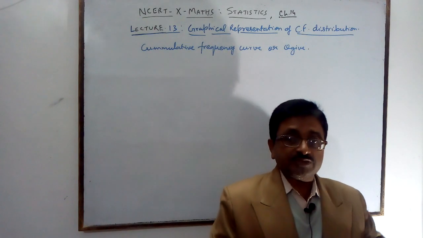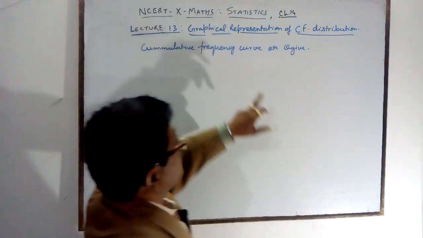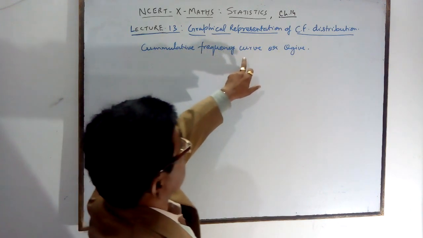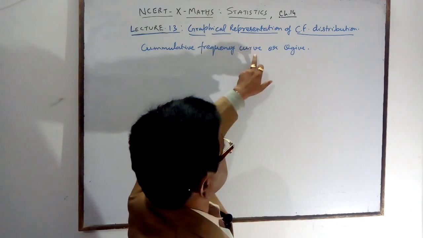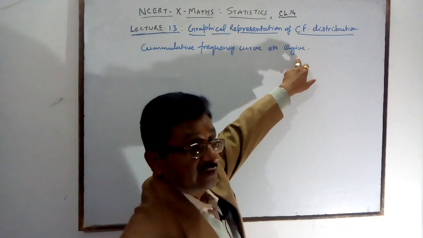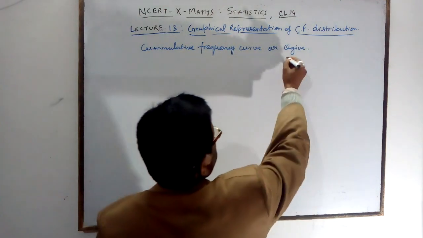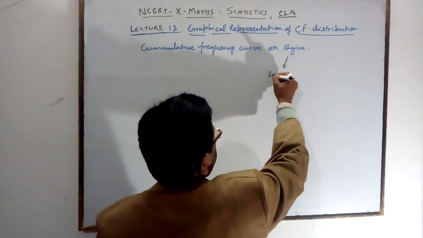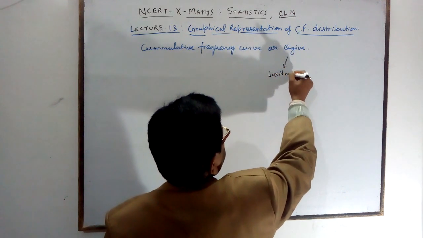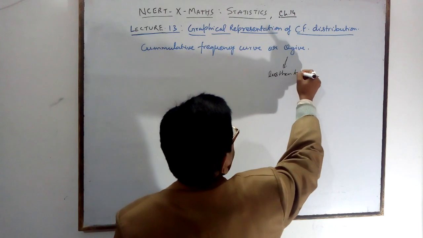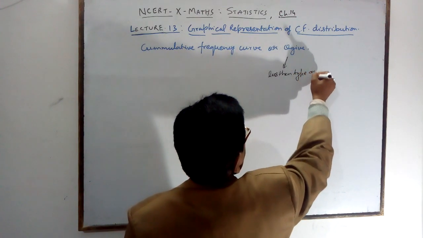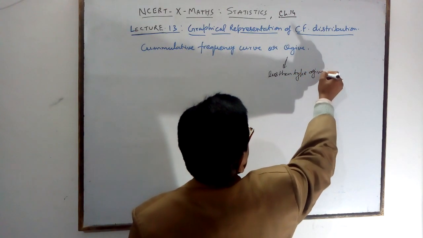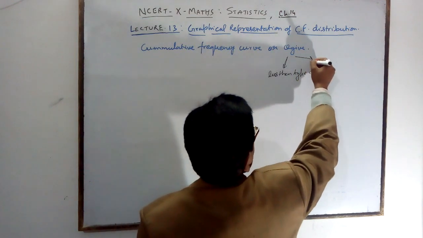The cumulative frequency curve is of two types. It is also called the ogive. There are two types of ogive. One is called the less than type, and another is called the more than type.